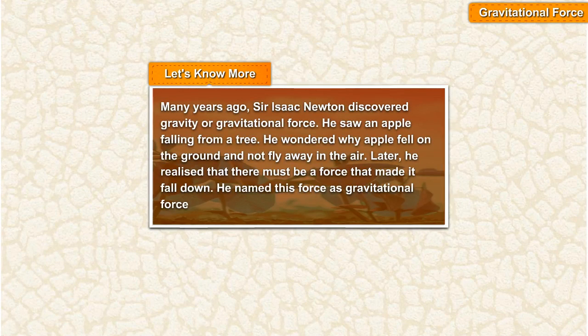He saw an apple falling from a tree. He wondered why the apple fell on the ground and did not fly away in the air. Later, he realized that there must be a force that made it fall down. He named this force gravitational force.